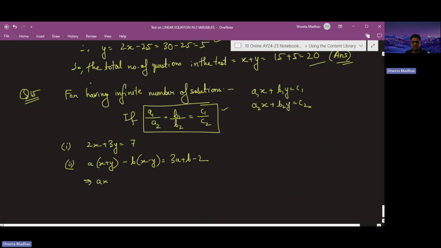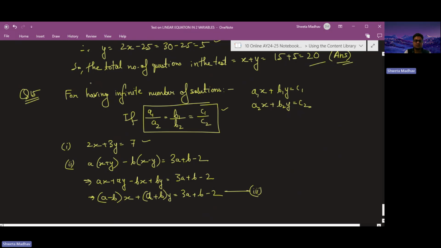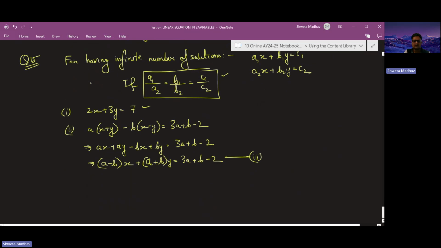So this will be ax plus ay minus bx plus by, equal to 3a plus b minus 2. So we can say this would be (a minus b) into x plus (a plus b) into y, equal to 3a plus b minus 2. So this is our equation number 2, and this is equation number 1.